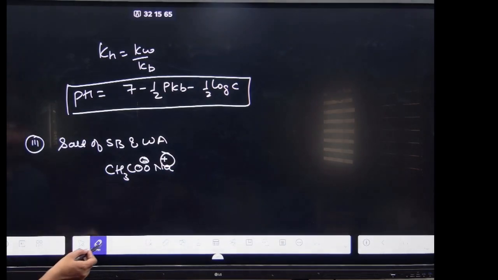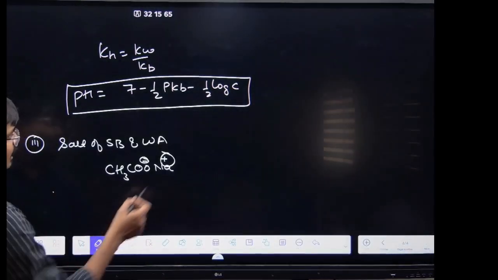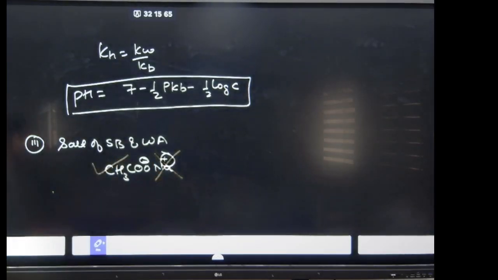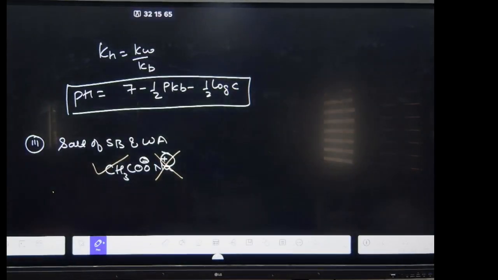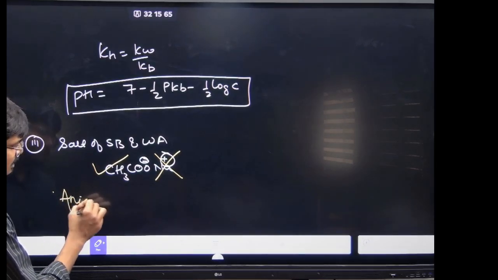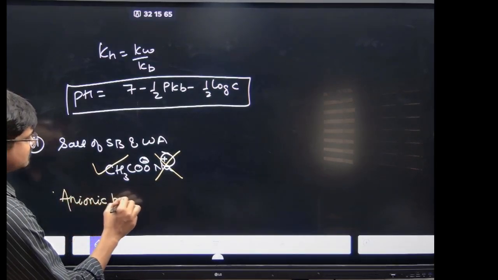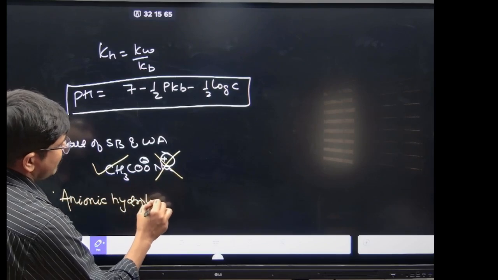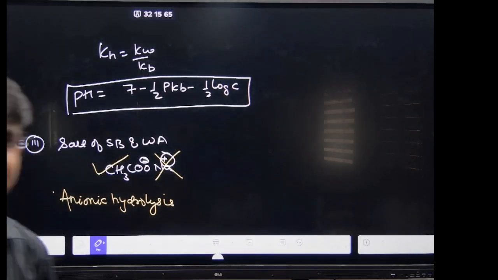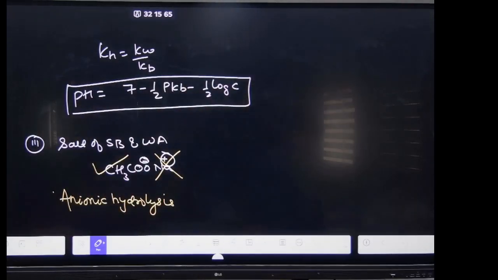So this will not undergo hydrolysis, this will undergo hydrolysis. So this is an example of anionic hydrolysis. Write down.